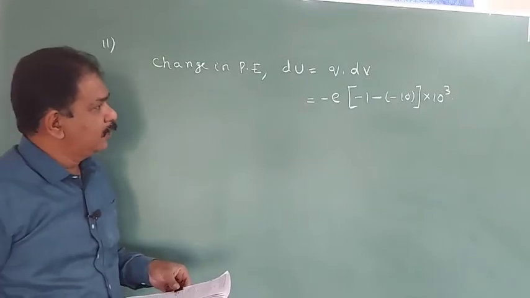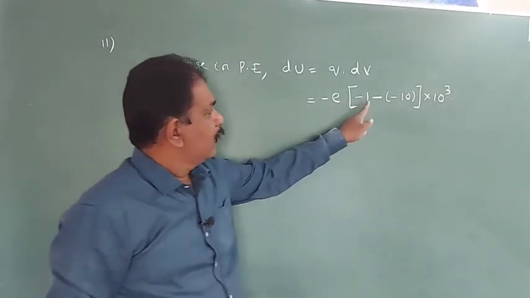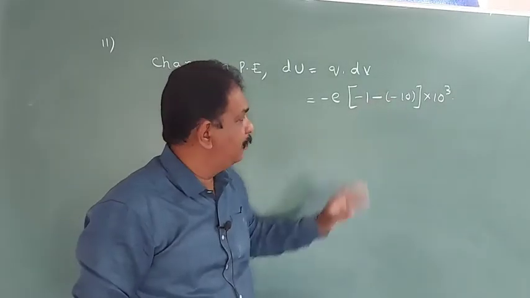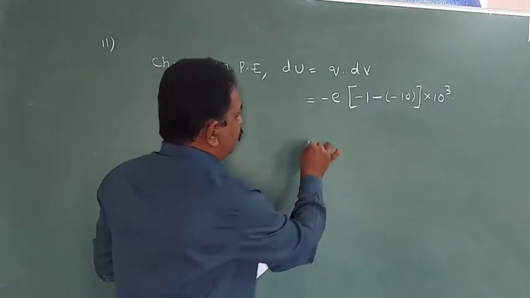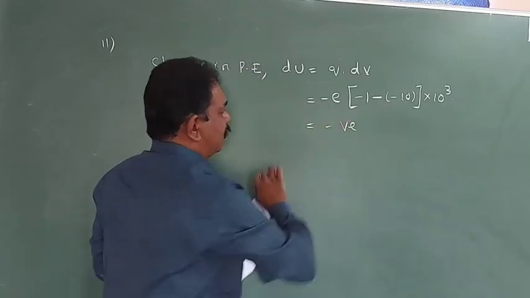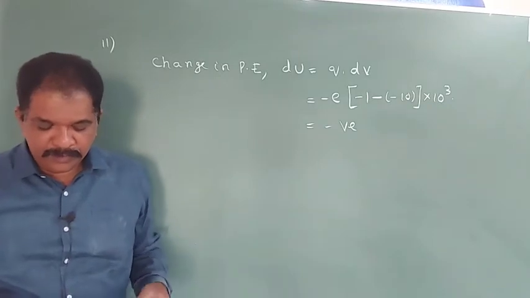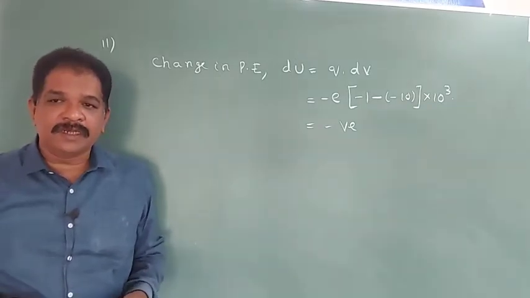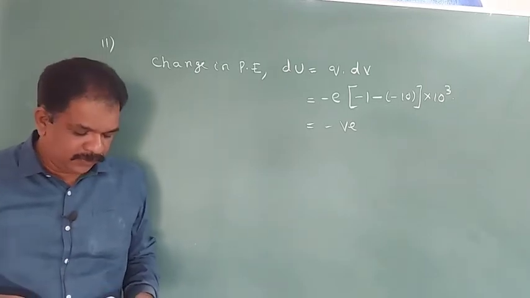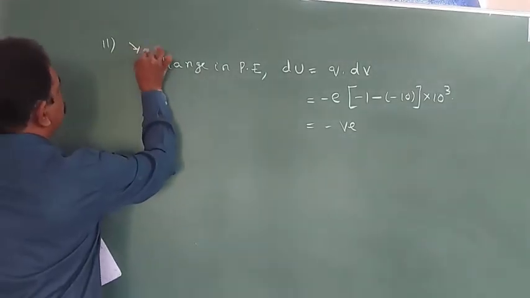So how much will we get for this value? Minus 1 minus, plus, 10 minus 1 will be 9. So this value will be negative. This is positive totally, this is negative. So totally that value will be negative. So what will happen to the potential energy? Negative means it decreases. So the 11th question will be the first option.